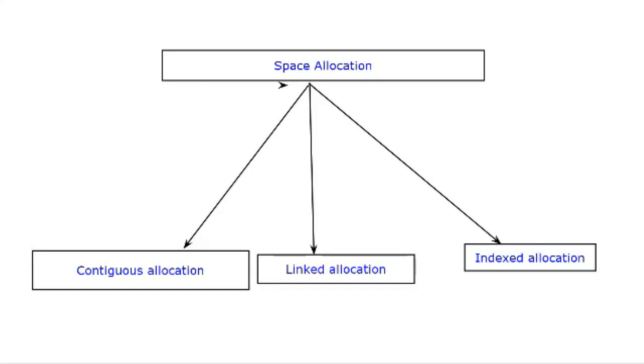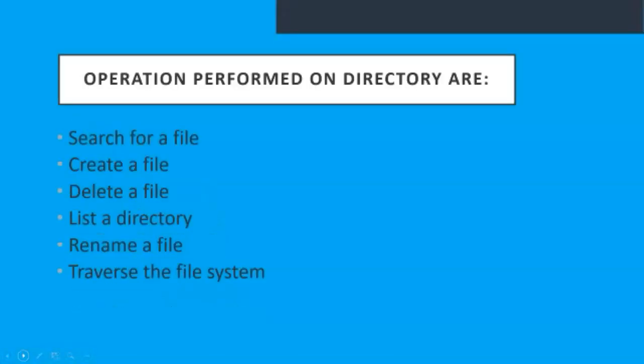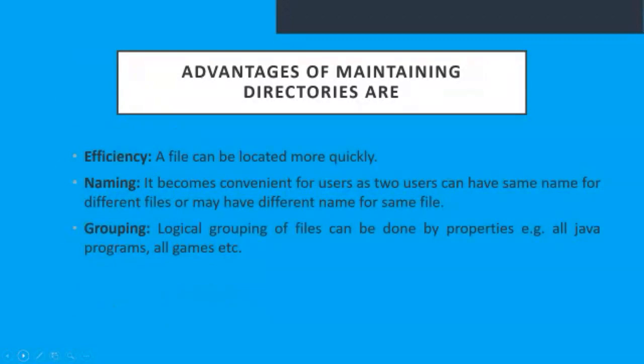Now, if we return to our slide, these are the operations performed in a directory: searching, creation, deletion, listing a directory, renaming a file, traversing the file system. What are the advantages? Efficiency, naming, grouping. What is efficiency? A file can be located more quickly.